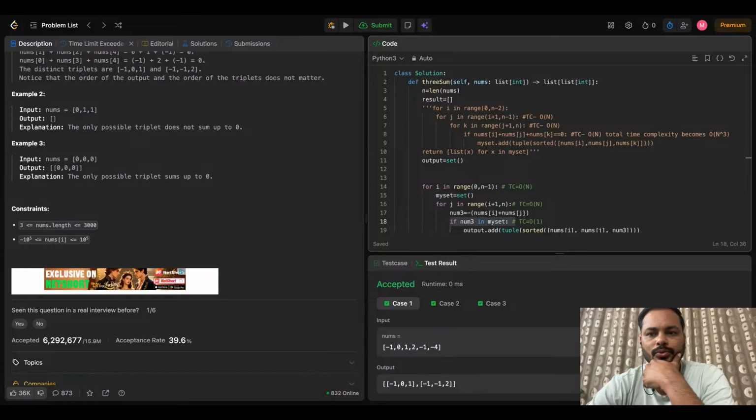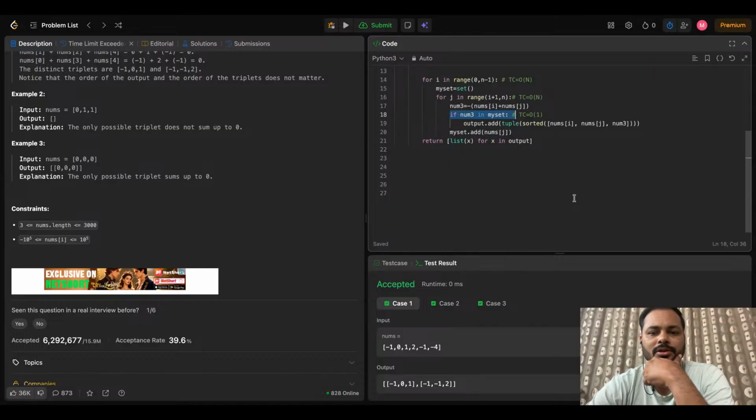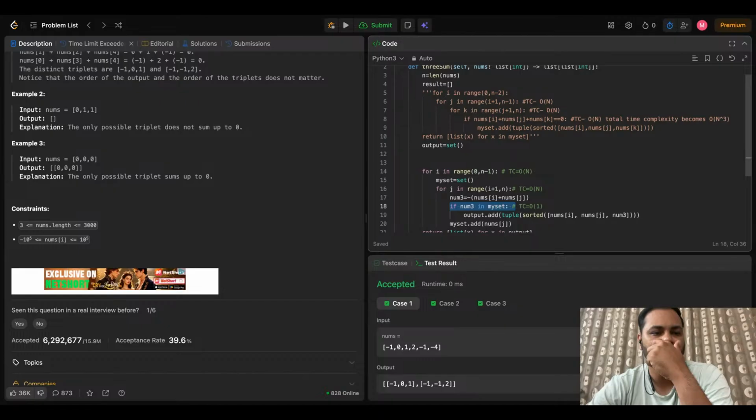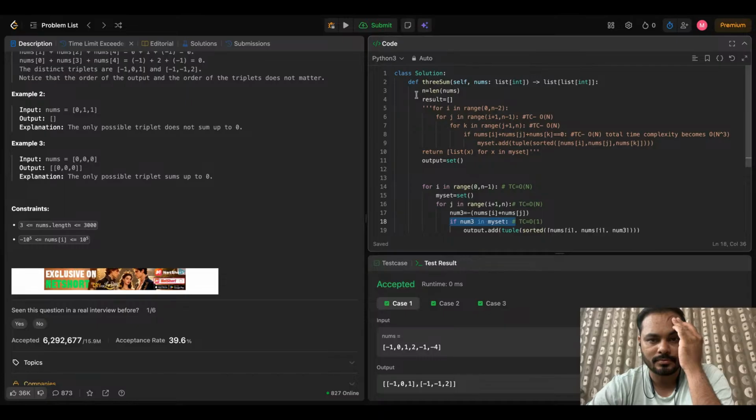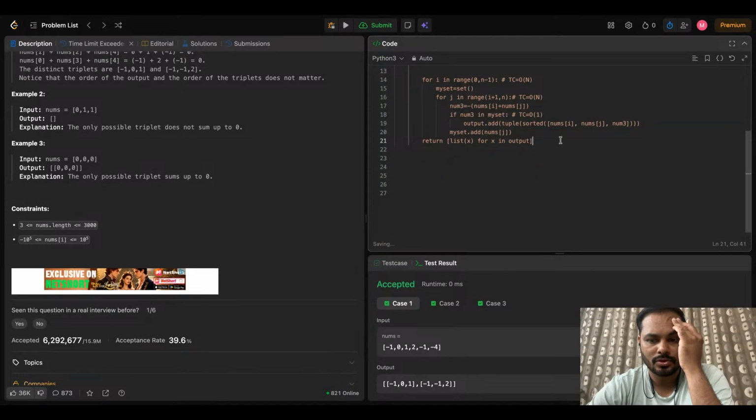For three sum, the one and only solution for not getting this TLE error every time is sorting first and fixing one element. Let us do that. I'll just sort this first.